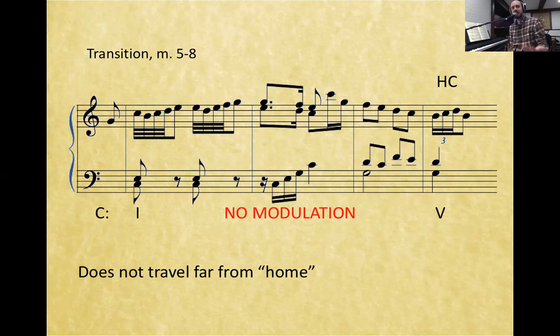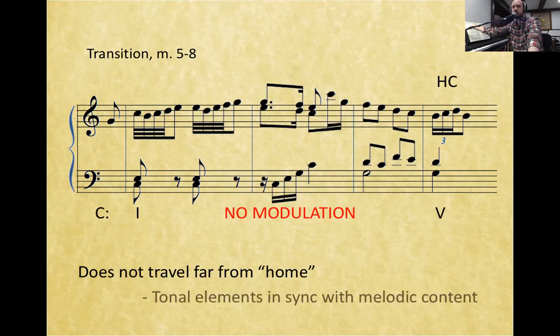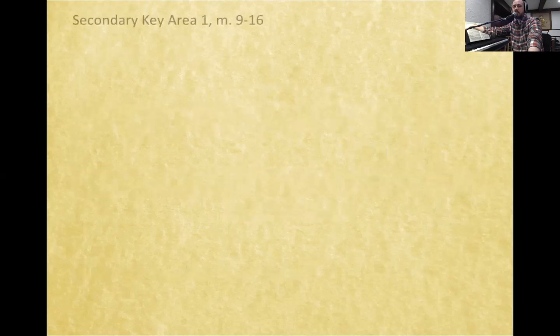This is a slight exception. I think it fits the overall mood of the piece, which is light, not very expansive. So it really works from this piece's core identity perspective to not really modulate. But still, he does get to 5 at the end of the transition, which sets us up nicely for where we're supposed to go next, which is, of course, the secondary key area.